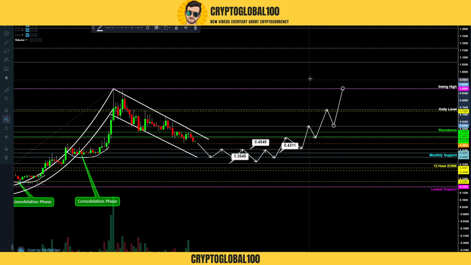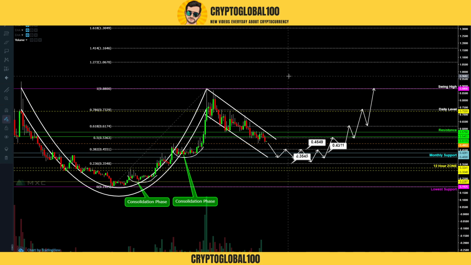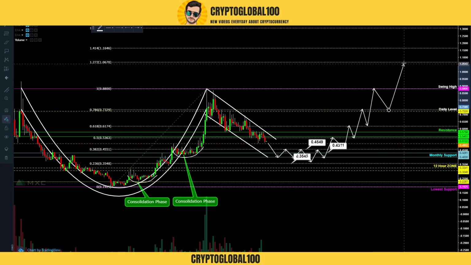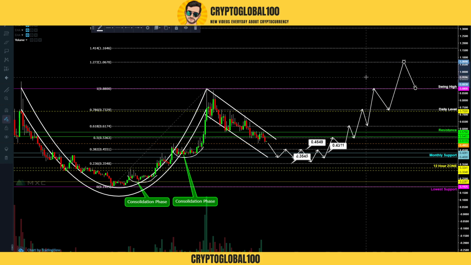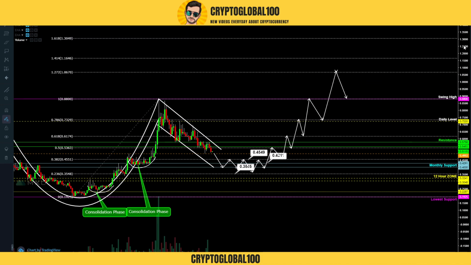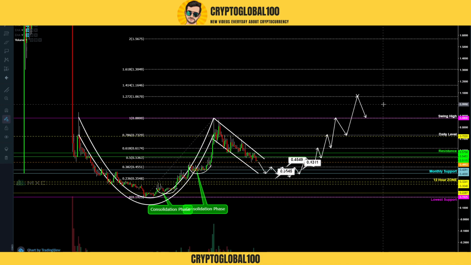Okay, so I'm expecting some targets. Well, the next target would be this one. If we come here, then we can see a good target at $1. Okay, at this point, if it goes to this level, then we're going to see a good retracement back to this zone, this swing high, and from there we can say that the price is in the uptrend.